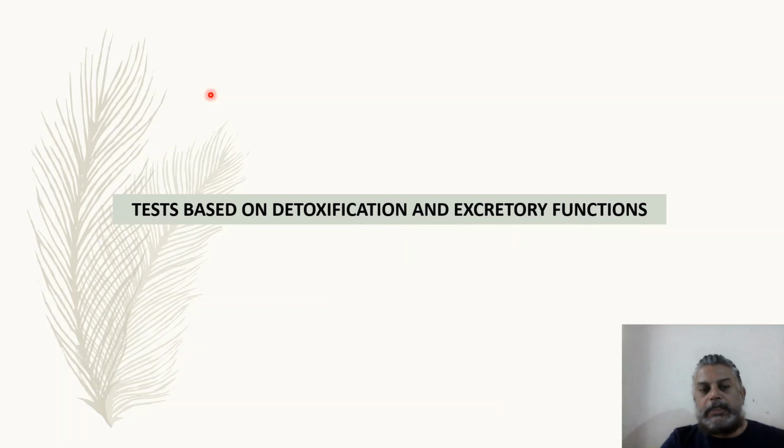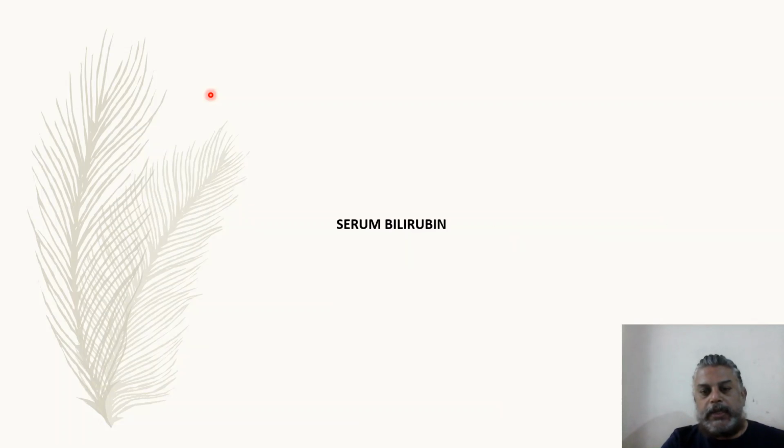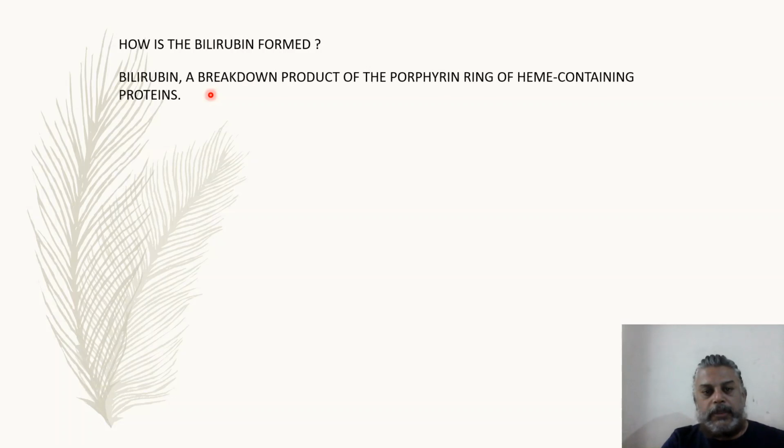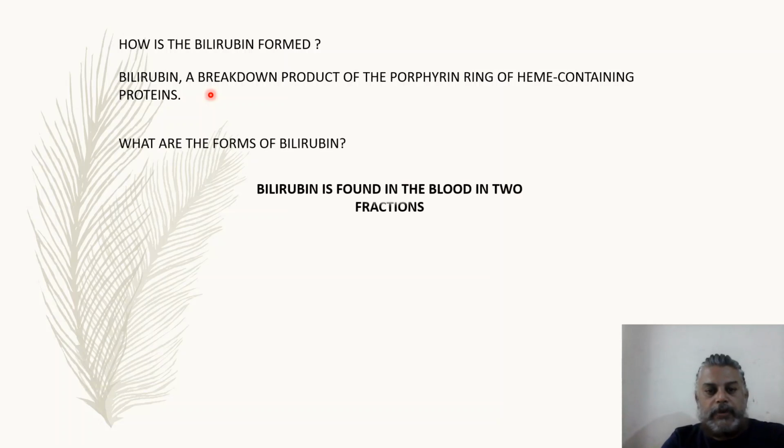First, the test based on detoxification and excretory functions is the bilirubin. We know how bilirubin is formed. It is formed by the breakdown of heme in the RBCs. There are two types of bilirubin fractions in the blood.